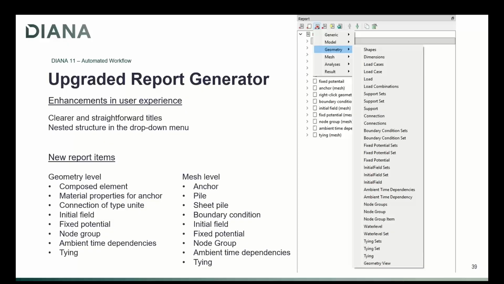There are also a good number of items, as we see here in this list, that were not possible to add in previous Diana versions, and now they can be included in this automated report. We are talking about items from both geometry and mesh levels. So I conclude on my side, and I pass the word to Jean-Claude.